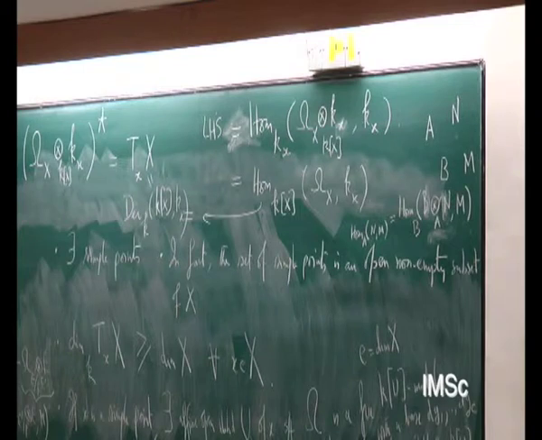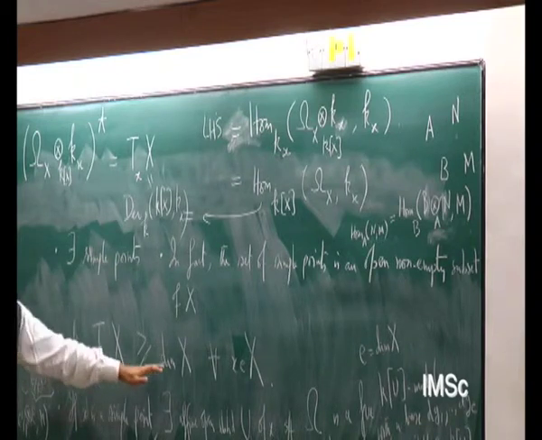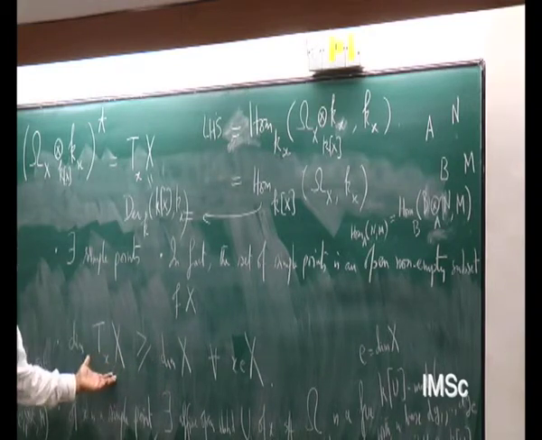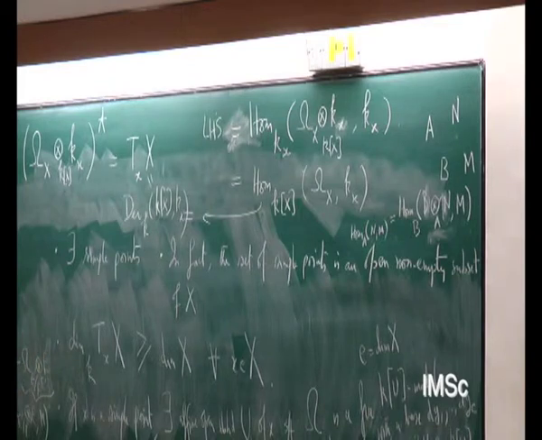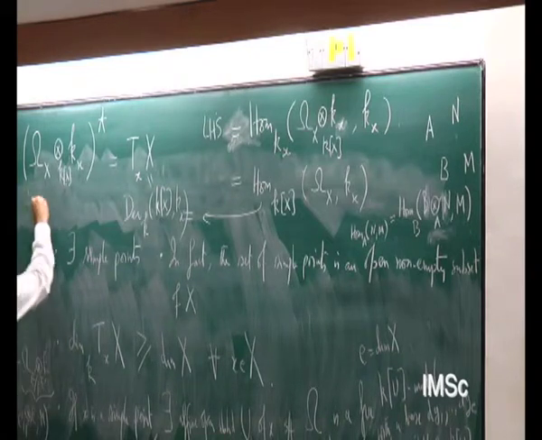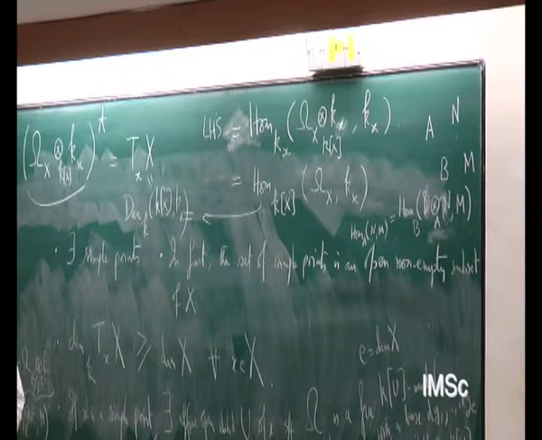Notice that I'm talking throughout about whether it's a simple point, the dimension, etc. Whether I am talking about the dimension of T_x X or the dimension of this, it's the same thing, because instead of talking about the dimension of T_x X, I could talk about the dimension of this.